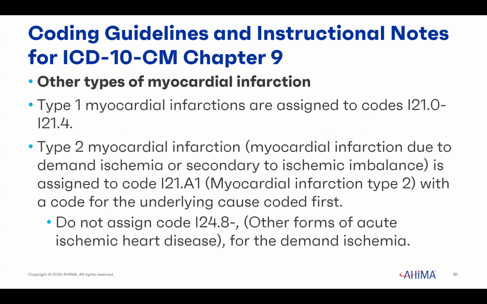And there are other different types of myocardial infarctions. Type 1 myocardial infarctions are assigned to code categories I21.0 through I21.4. A type 2 myocardial infarction due to demand ischemia or secondary to ischemic imbalance is coded to I21.A1.